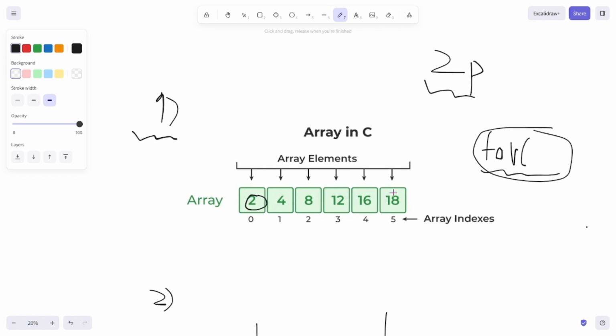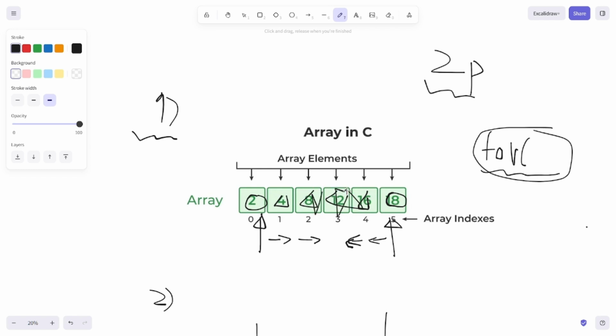In this case, 2 and 18. I'm going to draw arrows to literally show the pointers. We're pointing to 2 and 18, and we're going to keep pointing to different values: 4 and 16. I'm going to keep moving these, and then we're pointing to 8 and 12, right?